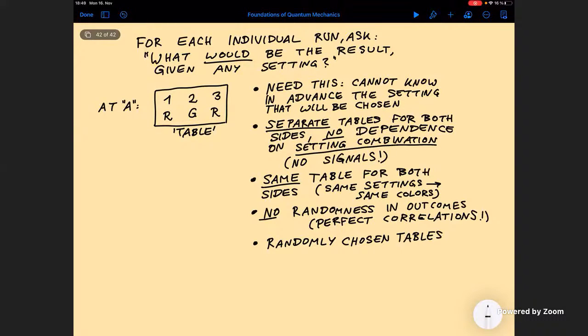And now, of course, comes the big disappointment, because we will now go and try to figure out a few further consequences of this seemingly very wide class of models. In fact, I want to say, if you don't allow for communication in order to produce the correlations, then as far as I know, this is the only common sense class of models that I could even come up with.